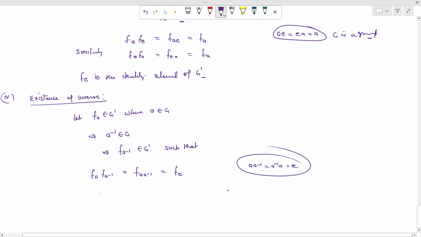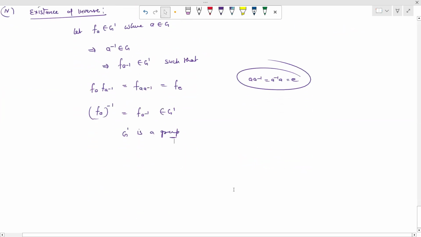So f(a) whole inverse is equal to f(a inverse), which belongs to G dash. So G dash is a group, inverse satisfied. Now we shall prove G is isomorphic to G dash.